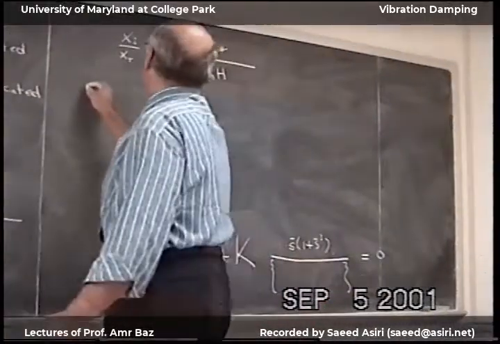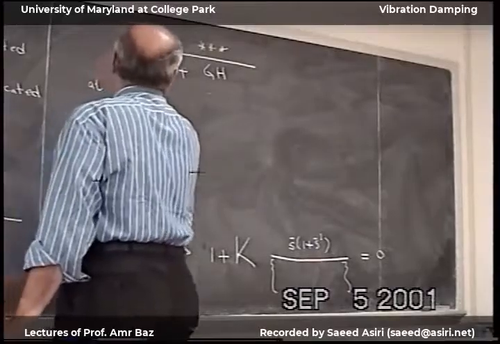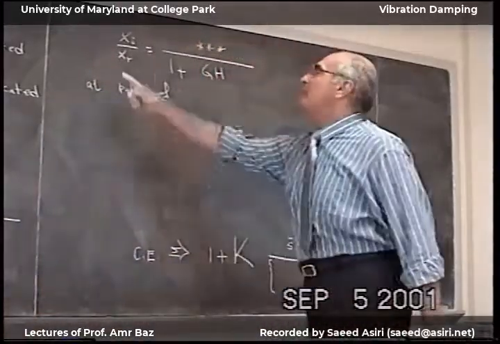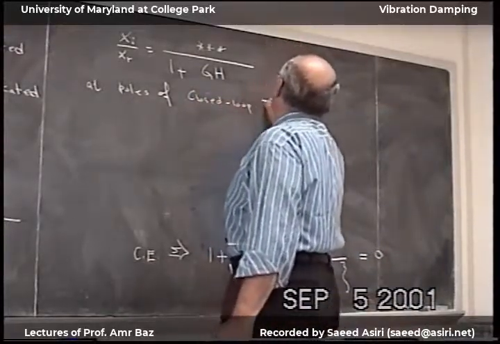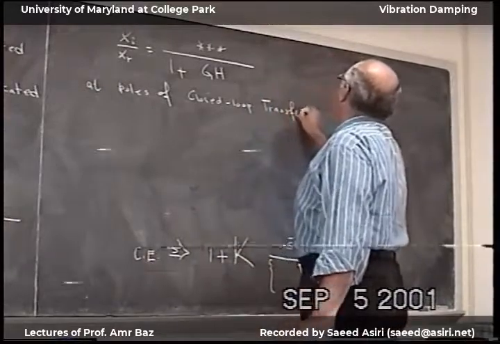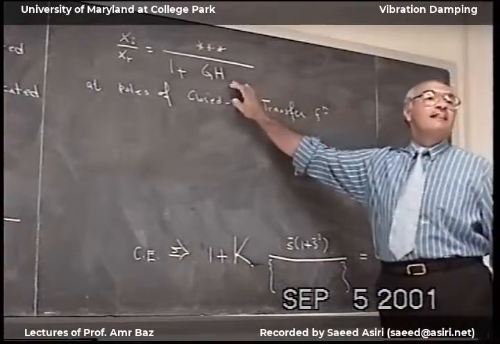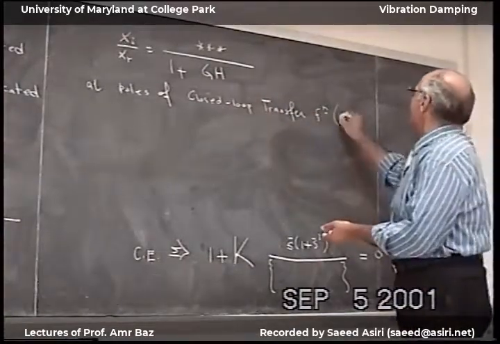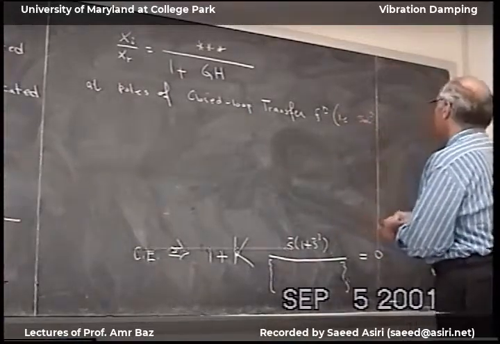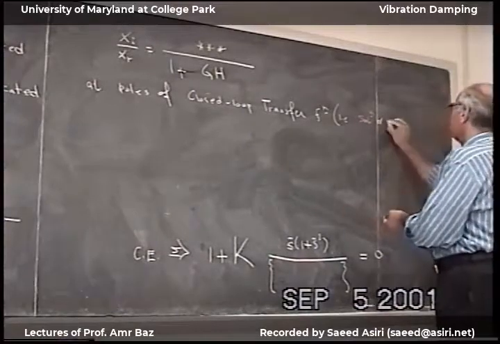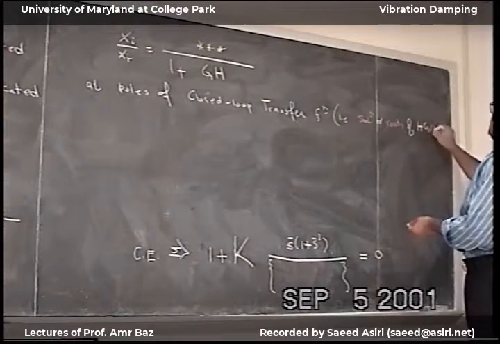At the poles of this transfer function, which means the solution or roots of 1 plus GH is equal to 0.